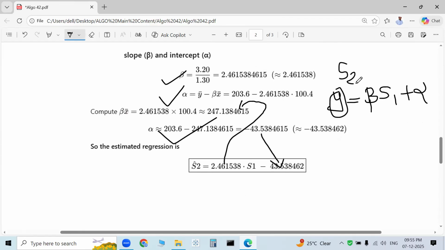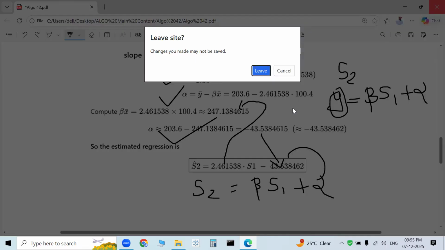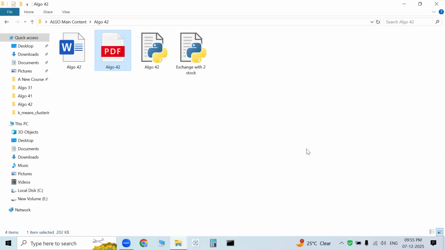So the equation of S2 equals beta S1 plus alpha. This is the value of alpha we kept over here, beta we kept over here. And once we get the equation, the example is very simple. Now let me do it one more time in front of you so you will understand.